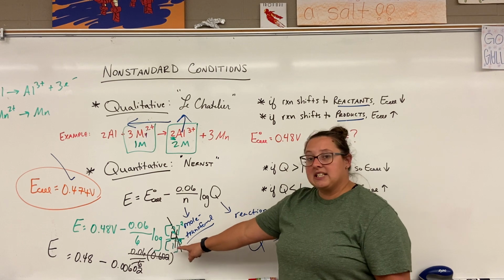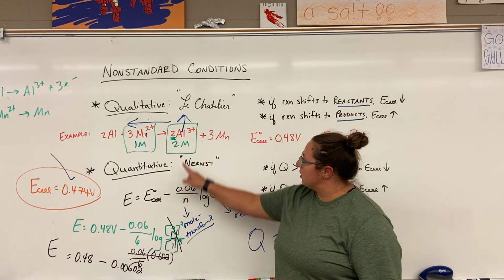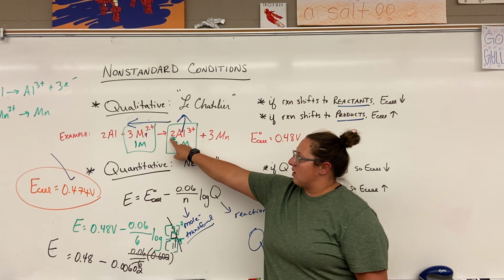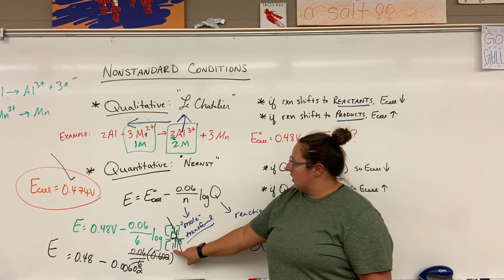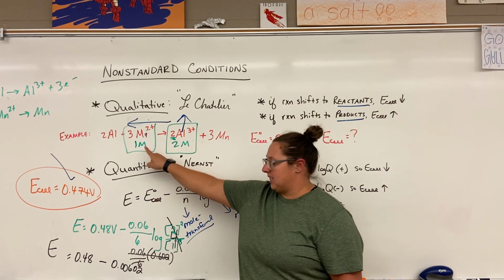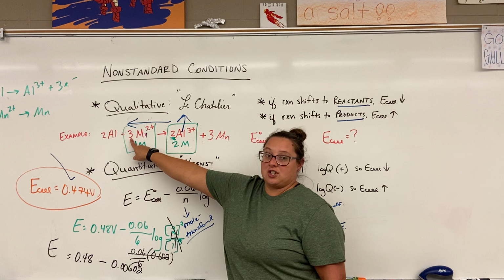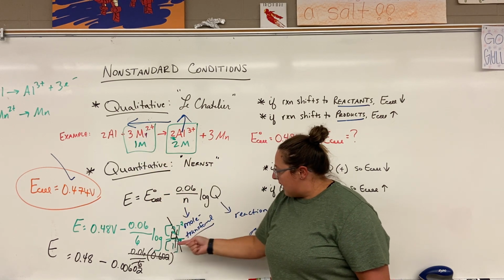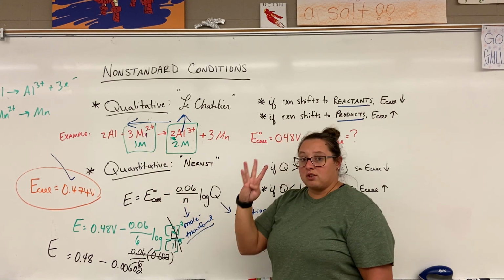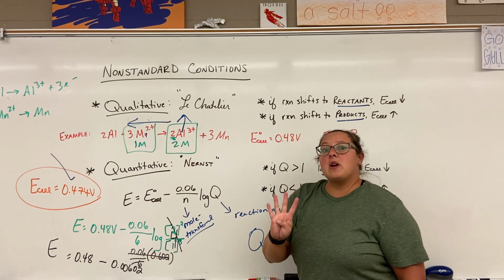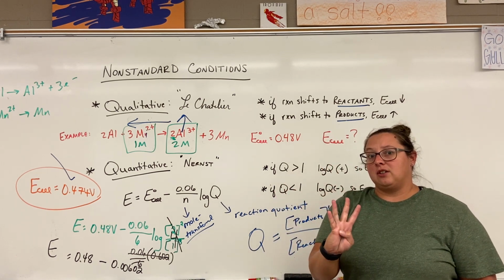We did that pretty easily here, right? We said 2, which was our products, raised to the coefficient, over 1, which is our reactant, raised to its coefficient 3. 2 squared over 1 cubed is equal to 4. So we found our Q value.